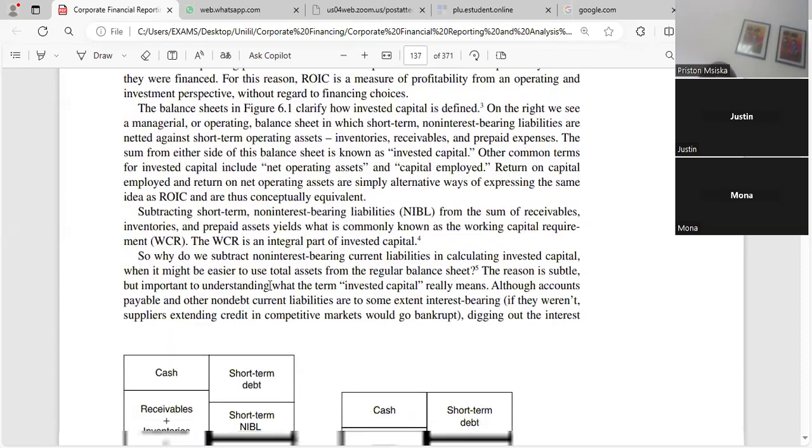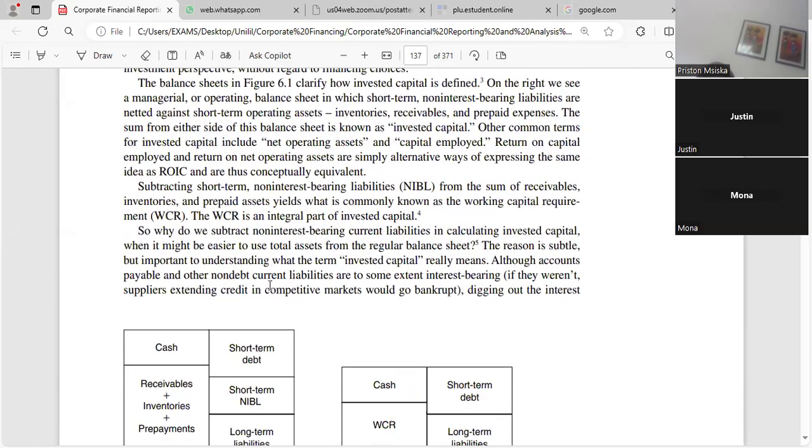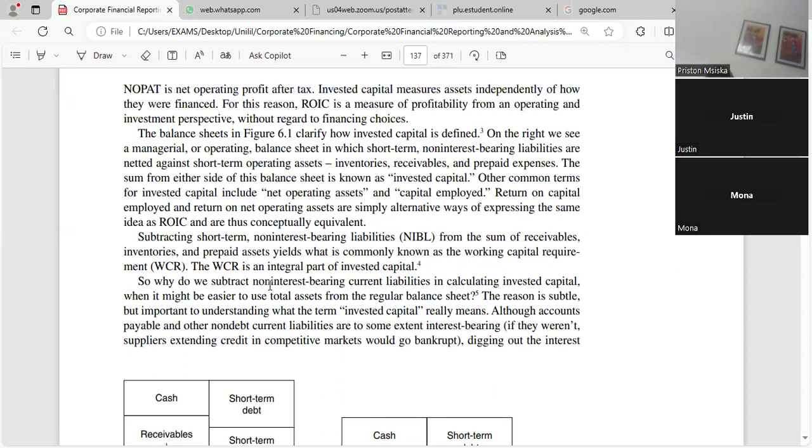Now, these are not the only profitability ratios you can find for investors. There are many others. So for example, I want to ask you a question.